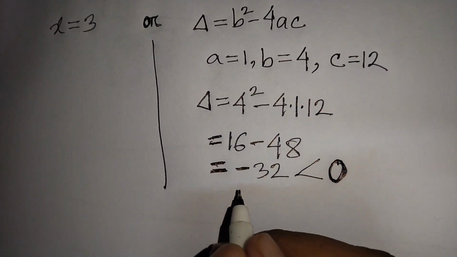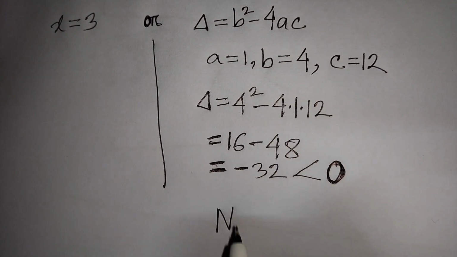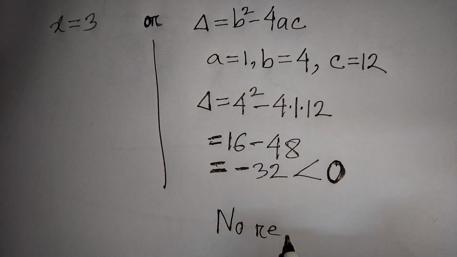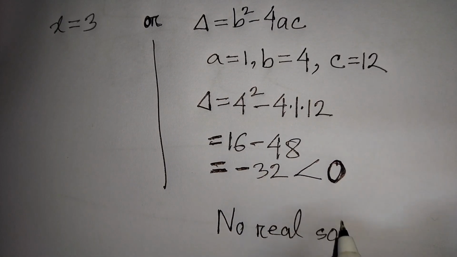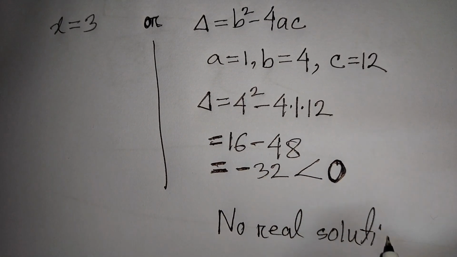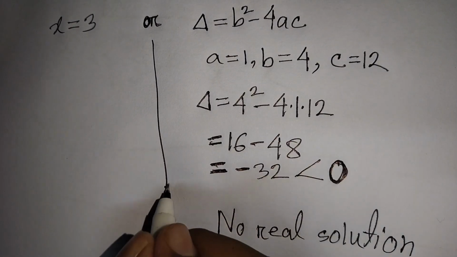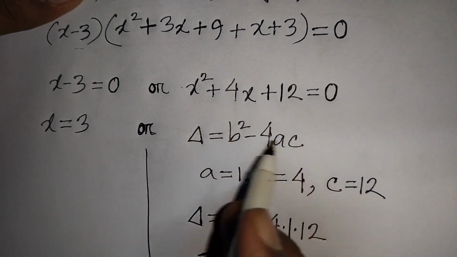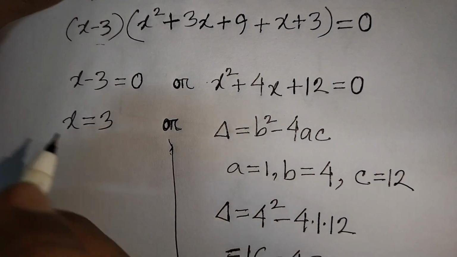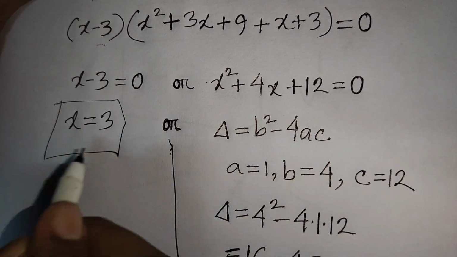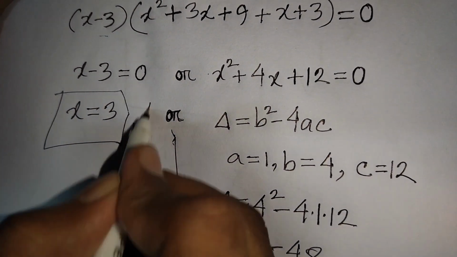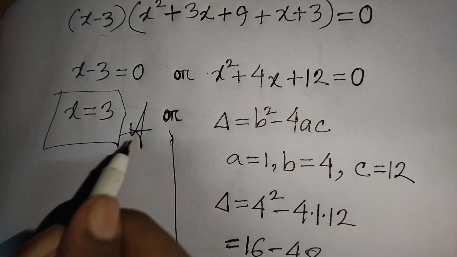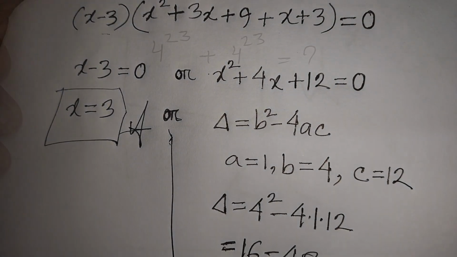So here no real solution. But our final answer will be x is equal to 3. So 3, this is the value of x, so this is our final answer.